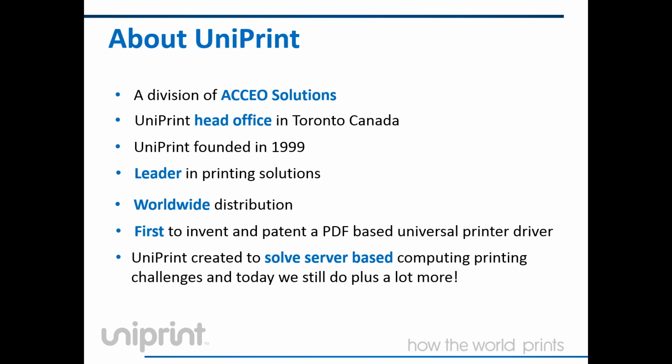We are the leaders within print solutions, predominantly around the Citrix VMware mobile user environment. We operate worldwide with distribution partners worldwide. We were the first to innovate the PDF-based universal print driver that everybody's now copying, but we're also now the first to expand that and give true printer management within the virtual world as well as across the universal. And we're really here to solve server-based computing problems.